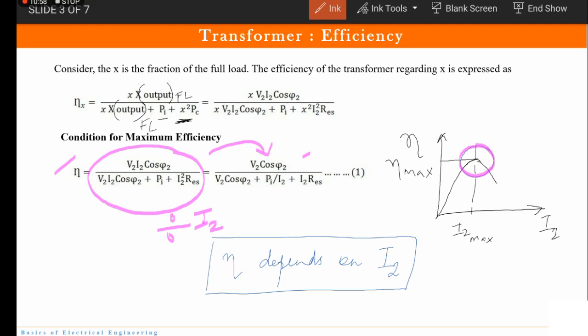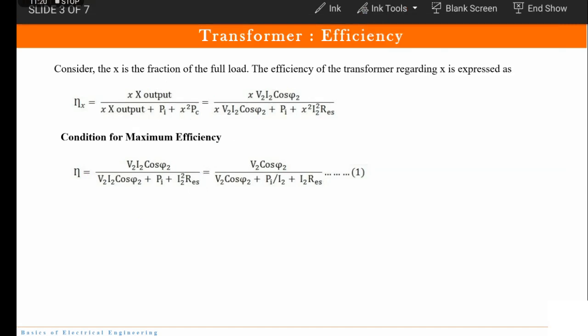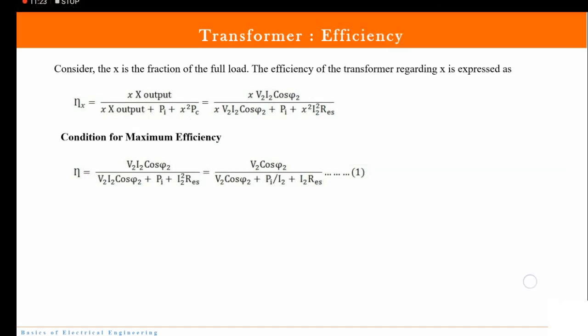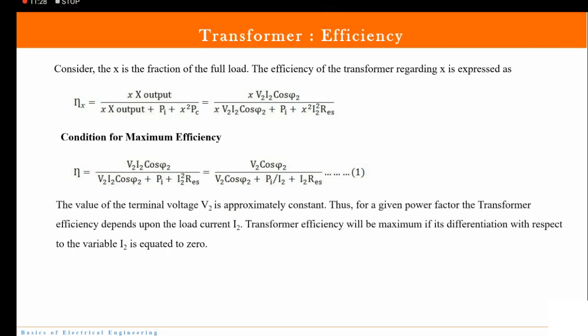So for achieving the maximum efficiency, what is the procedure? We will be differentiating the equation, and lastly we will be equating it to 0. So we will differentiate this efficiency equation with respect to I2, and then we will equate it to 0. Fine? The same thing is written, that the value of the terminal voltage is constant.